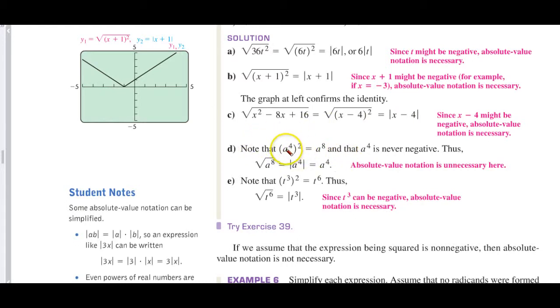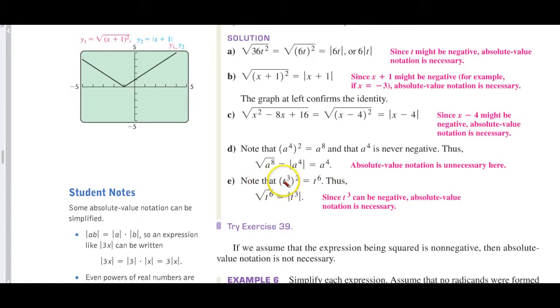Now, notice that when you have something like this, a to the 4th raised to the 2nd gives you a to the 8th. That a to the 4th is never negative, so you don't have to put it in absolute value. Why? Because squaring any negative would have made it positive. So it does get a little deep.